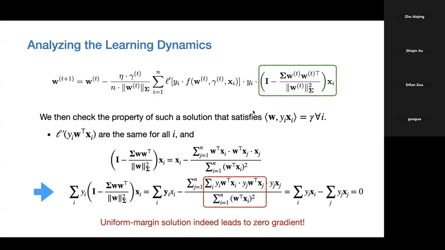This is the gradient, and if we have a solution with uniform margin, which means that for all the data points the inner product is always the same value gamma, then after some calculation we find that this part is definitely zero. This means the uniform margin solution indeed leads to zero gradient. It is a stationary point of this new loss function, so it is valid that gradient descent can converge to this point.